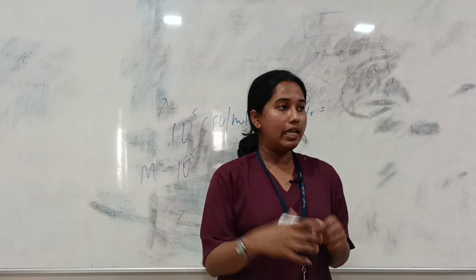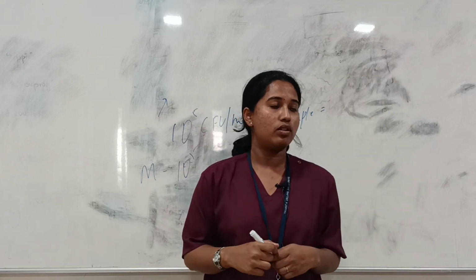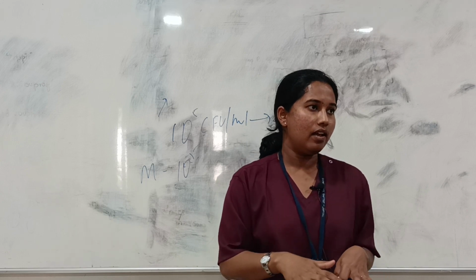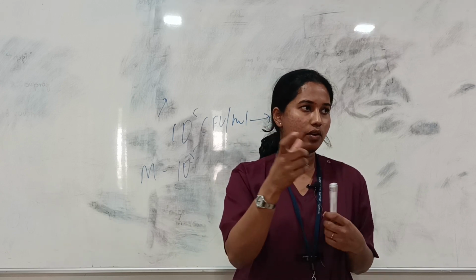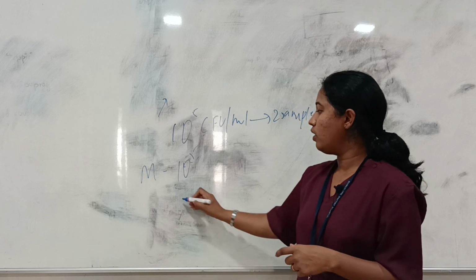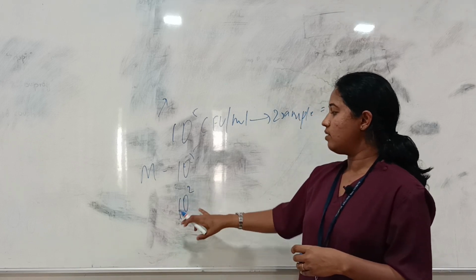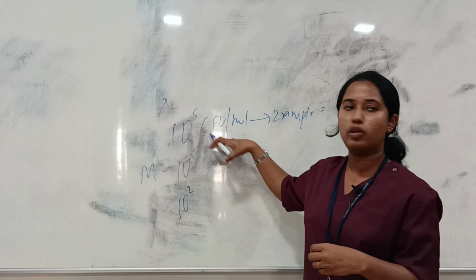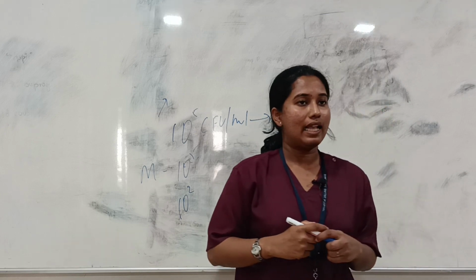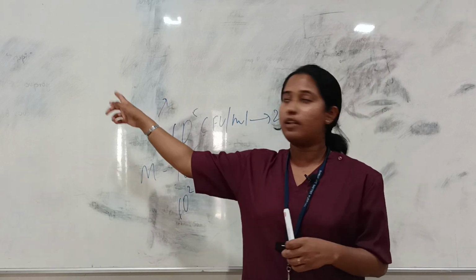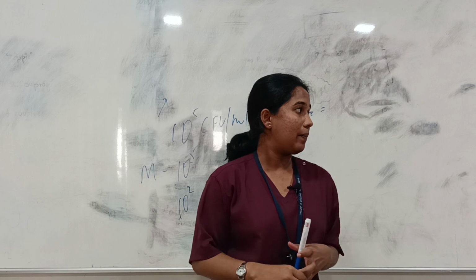And in a patient with an indwelling catheter, the urine which has been collected should have about 10 to the power 2, that is 100 colony forming units per ml. Then you can tell that they have asymptomatic bacteremia.